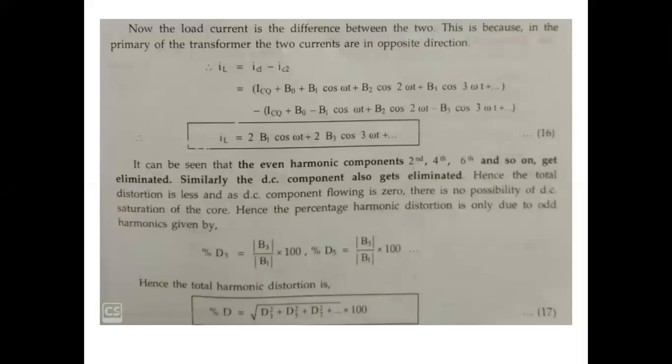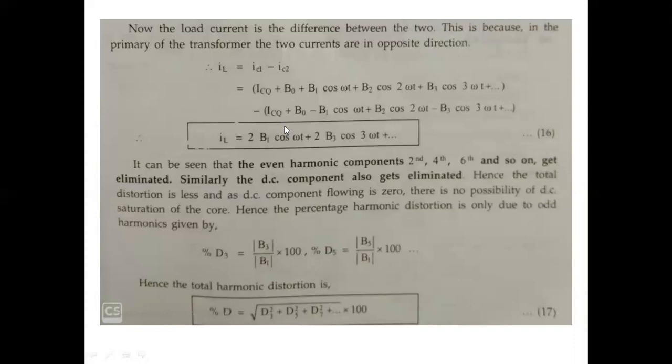The even harmonic terms, that is 2 omega t, 4 omega t, 6 omega t, and so on, get eliminated. In the expression of load current or output current, we have only the odd harmonics, and the even harmonics get cancelled. Similarly, the DC component is also cancelled, that is the B0 term.